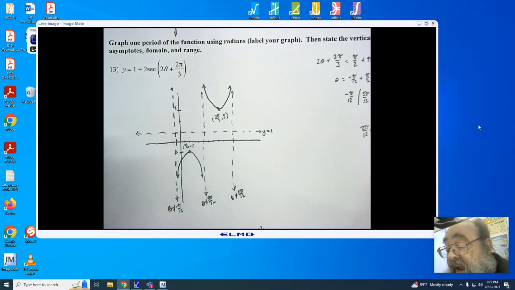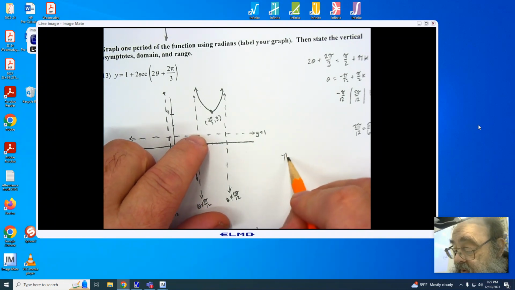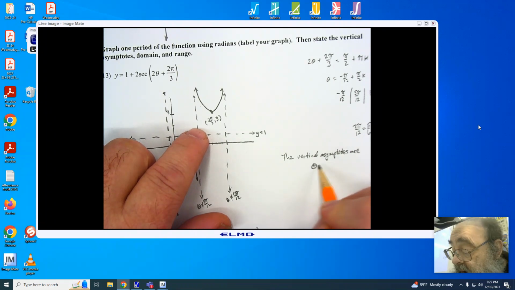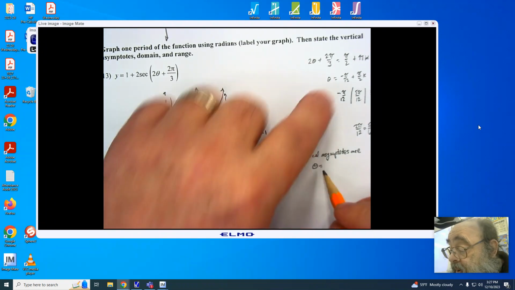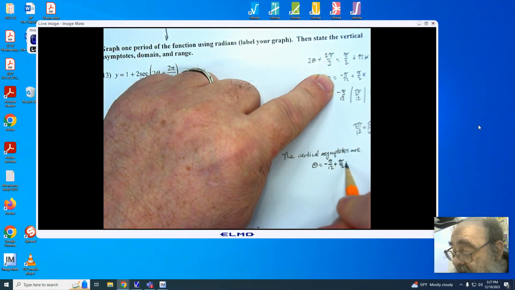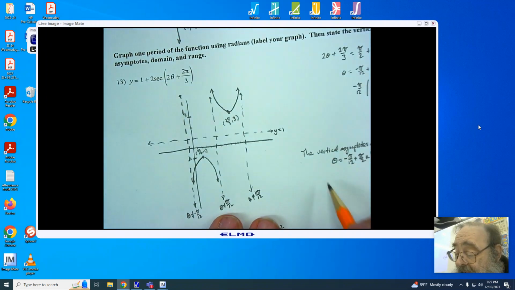Now the last thing they ask me to do is state the vertical asymptotes. So the vertical asymptotes are theta equals, and now I'm going to put this information in, negative pi over 12 plus pi over 2k, such that k is an element of the integer set. Then I'm going to have to find my domain.